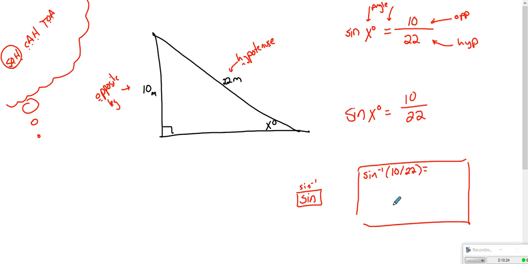And you should get 27.03569179. Okay? Here's what this means. This is the angle right here, and we're going to round it off. 27.035, we're just going to round it to 27 degrees. 27 degrees. That was tough, wasn't it?